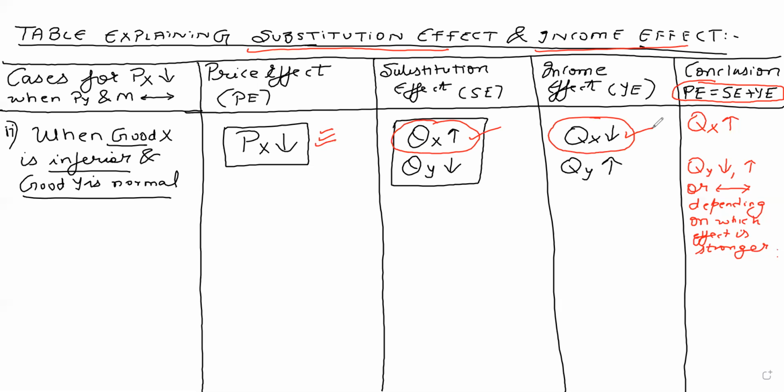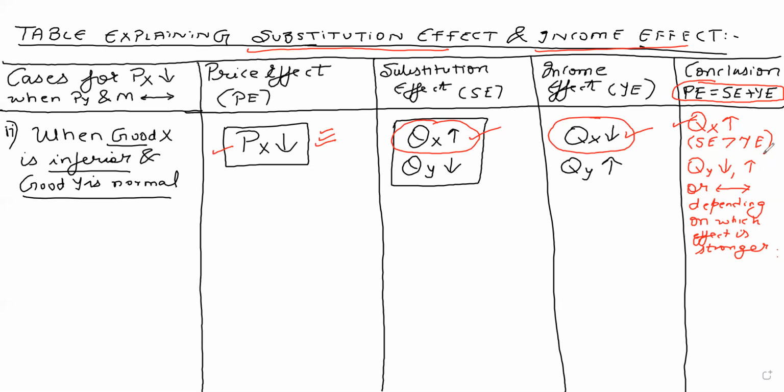But our conclusion has to be that good X should rise because demand curve for inferior goods is downward sloping, which means when price of good X is falling, I should get my answer as quantity of good X rising. Now, when will quantity of good X rise? When substitution effect dominates the income effect. So I can say for inferior goods, the substitution effect will always dominate the income effect.